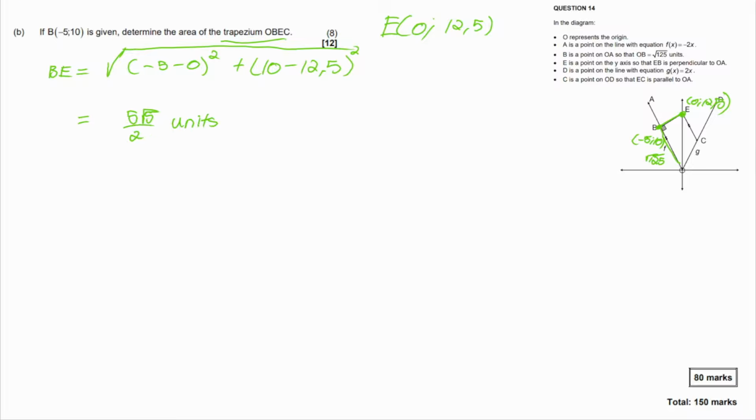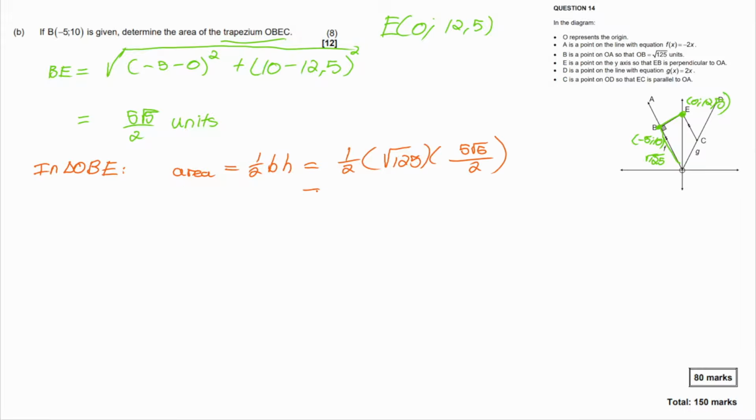So I can finally get the area of triangle OBE. The area is a half base times height, so a half, my base is root 125, and my height is 5 root 5 over 2 units.